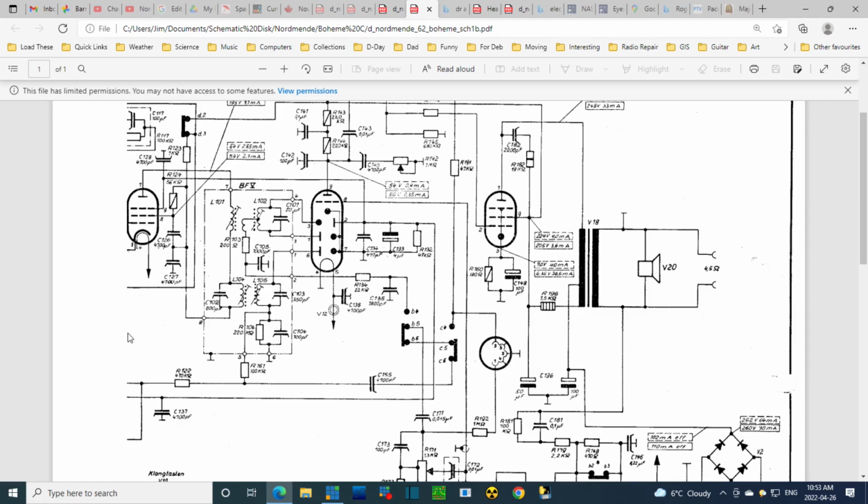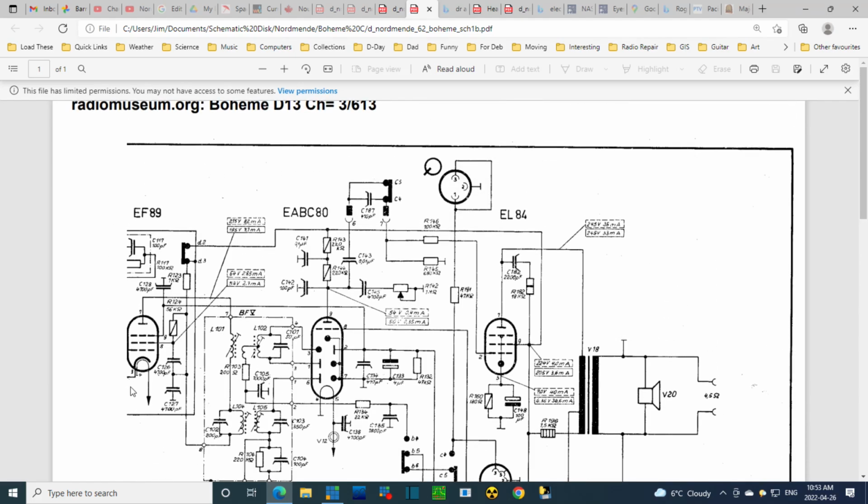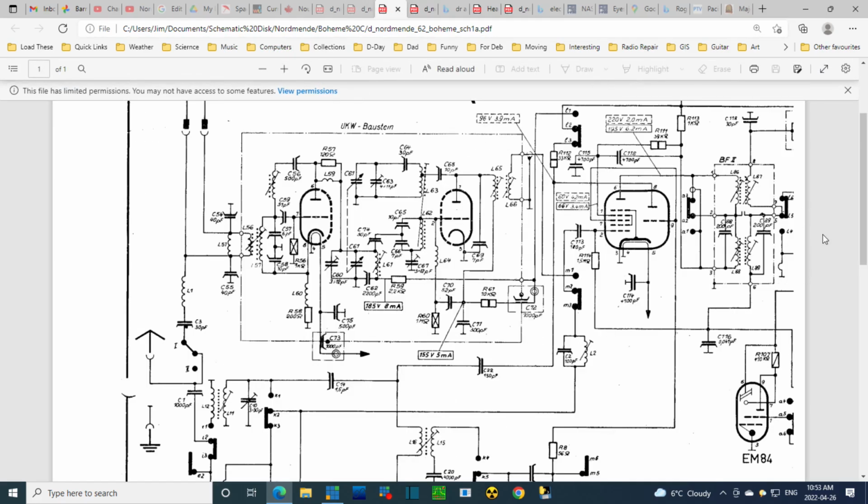Okay, we'll go back over. 1, 2, 3. Let's see if we can spot those. 1, 2, and 3, I think. Maybe down here. I may be wrong about that.